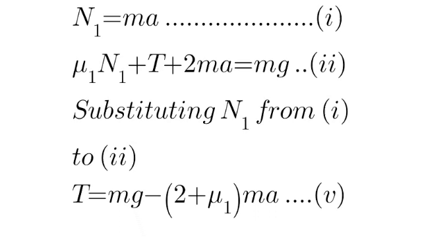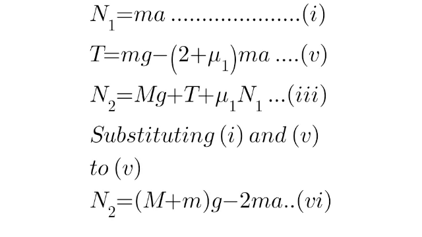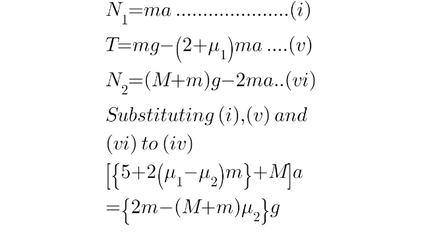Now solving for the normal force of the bigger block, since we derived the formula for tension earlier, gives us this. Now inserting the values of N2, T and N1 gives us this equation.